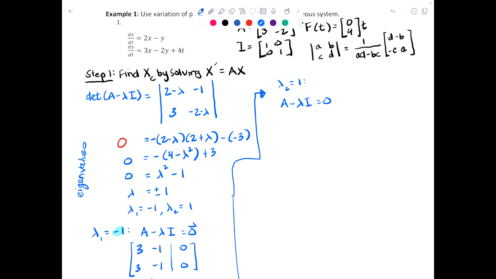In this case, lambda is 1, so you just plug in the 1 where you see the lambdas. 2 minus 1 is 1. We'll have the negative 1 hanging out, we'll have a 0 because that's equal to that 0 vector, and then we'll have 3. Negative 2 minus 1 is negative 3.